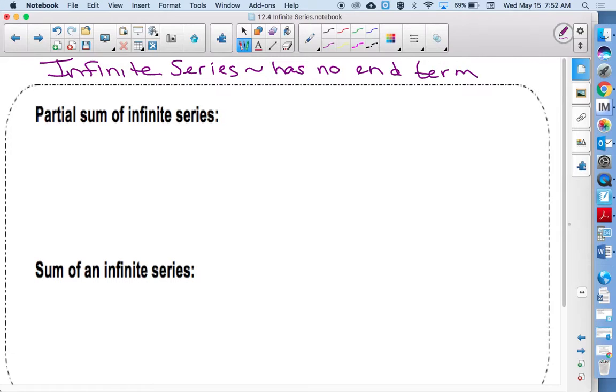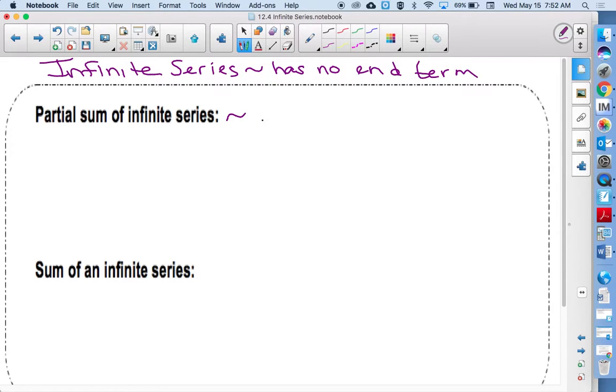When we had infinite sequences, we talked about graphing them and finding the limit, or looking at the numbers and finding the limit. So what did the values approach? Did it look like they were getting closer and closer to a number? With infinite series, we're going to talk about something called finding the partial sum, because a series is a sum of the numbers in the sequence.